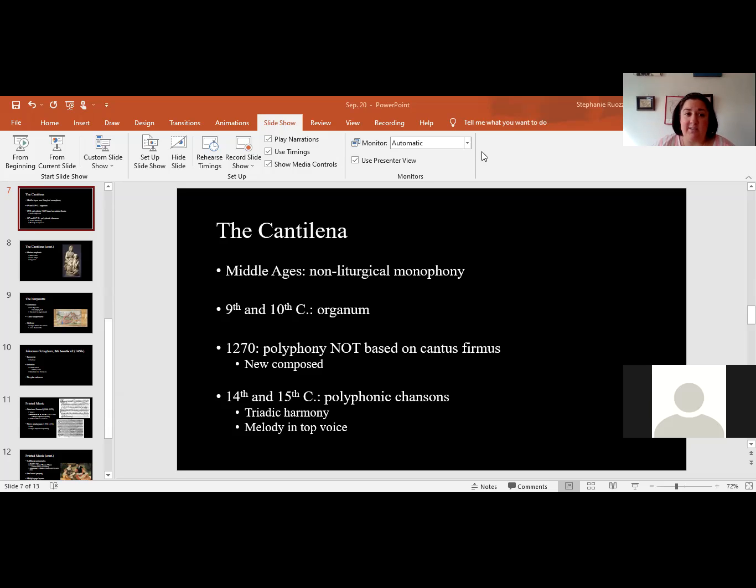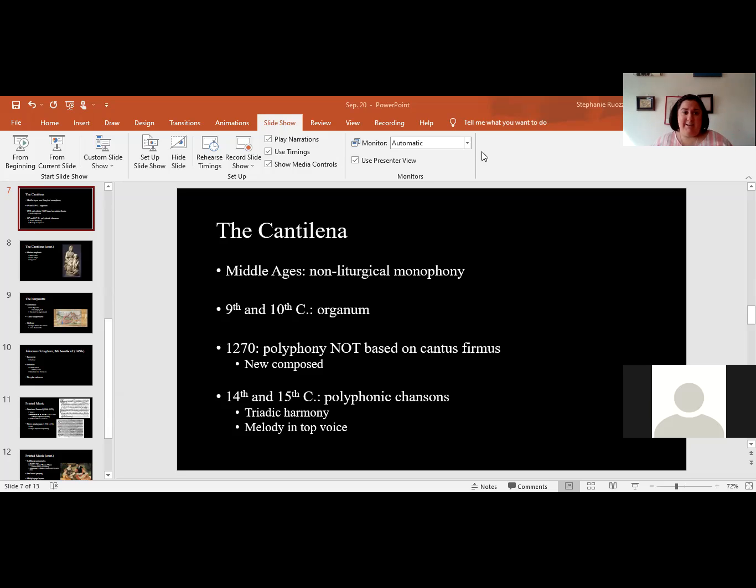So in the Middle Ages, cantilena meant literally any monophonic song that wasn't part of the liturgy. In other words, mass, antiphon, motet, or hymn. Those types of music were all liturgical. A cantilena was any monophonic song that was not one of those. We see how that's kind of vague, right?